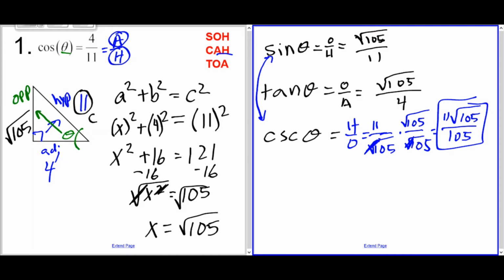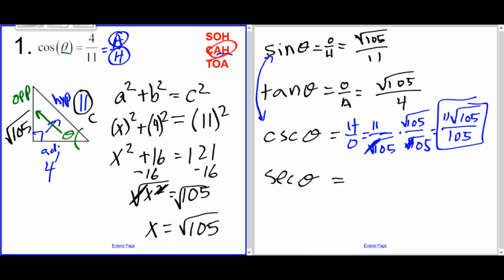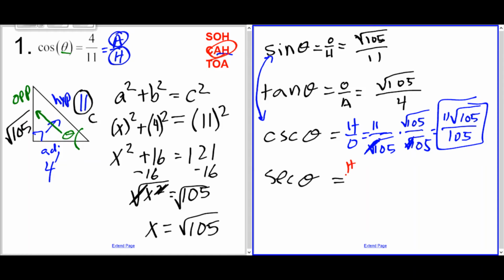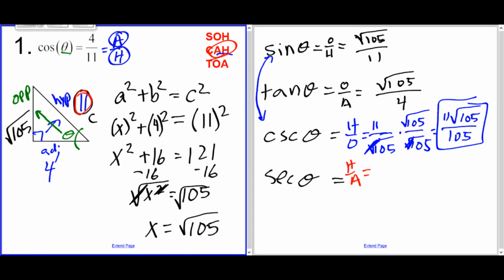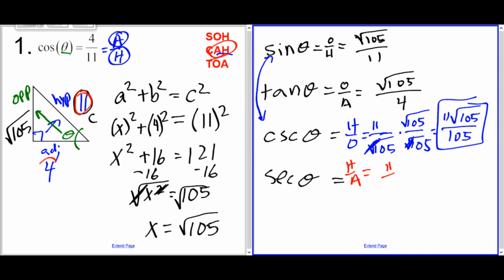The secant of theta. Remember, secant of theta is related to cosine of theta. So cosine we know is adjacent over hypotenuse, so secant is hypotenuse over adjacent. So my hypotenuse is 11, and my adjacent is 4. So this will be 11 over 4. And then the last one is the cotangent.